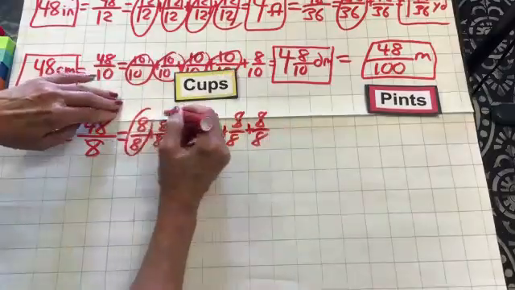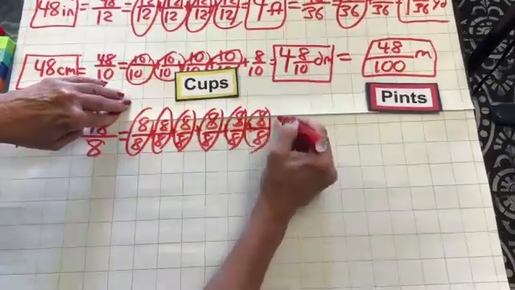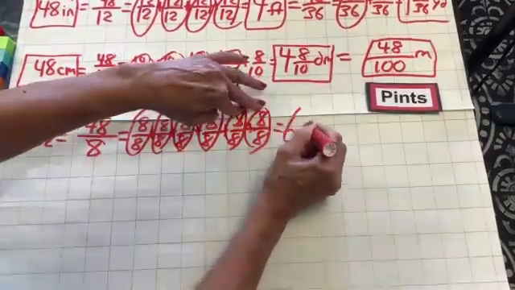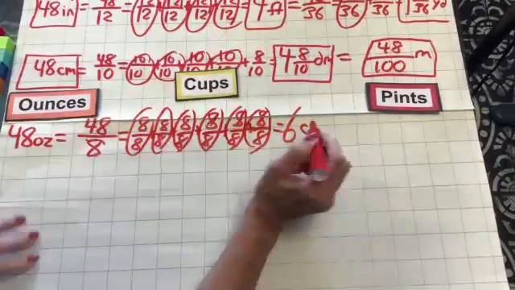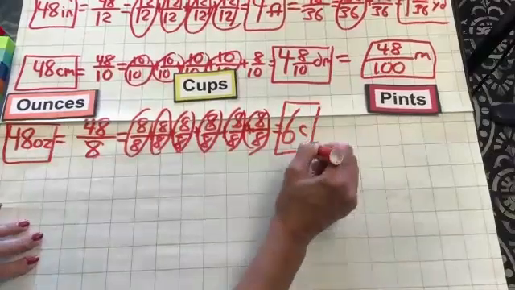So we have 1, 2, 3, 4, 5, 6 whole cups. So 48 ounces is the same as 6 cups.